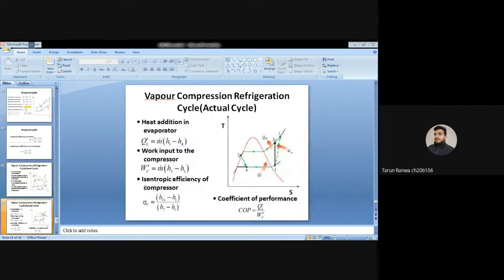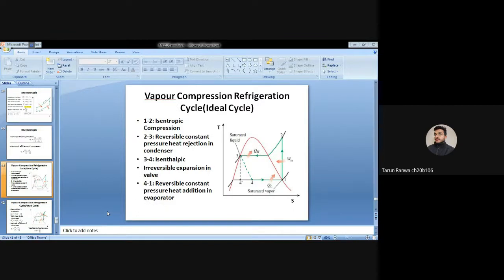This is the vapor compression refrigeration cycle, and this is the actual cycle, and this is the ideal cycle.